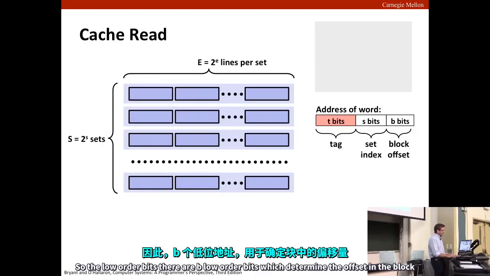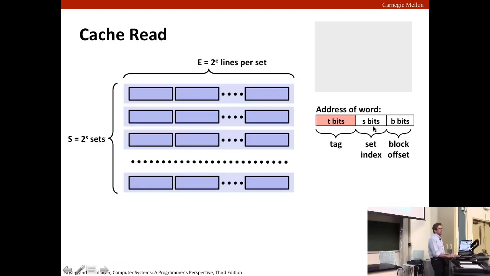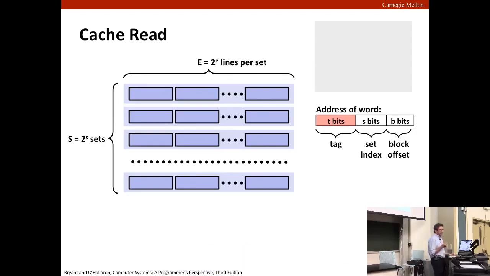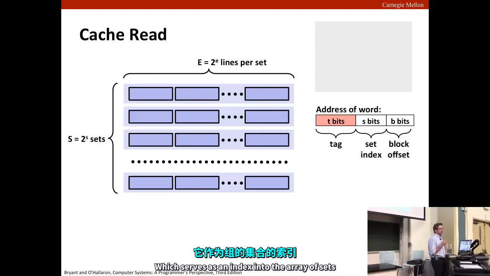So the low-order b bits determine the offset in the block that the word starts at. Okay. The next s bits are treated as an unsigned integer, which serves as an index into the array of sets.